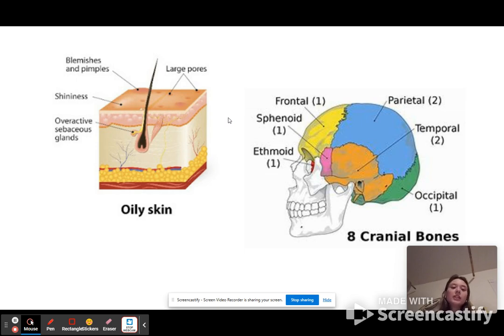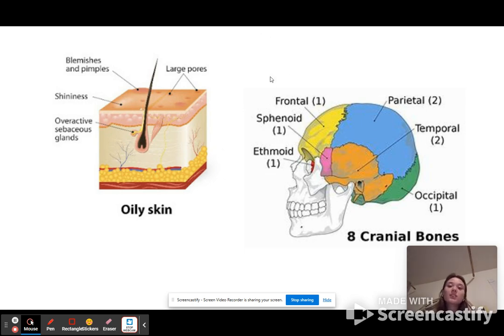And then here's a picture showing your outer layer where pores are, and then the overreactive sebaceous glands. So that's a big part of cradle cap, where the skin on top gets irritated or dry, and then the sebaceous glands are producing extra oil, and all that buildup is coming, and that's what cradle cap is.